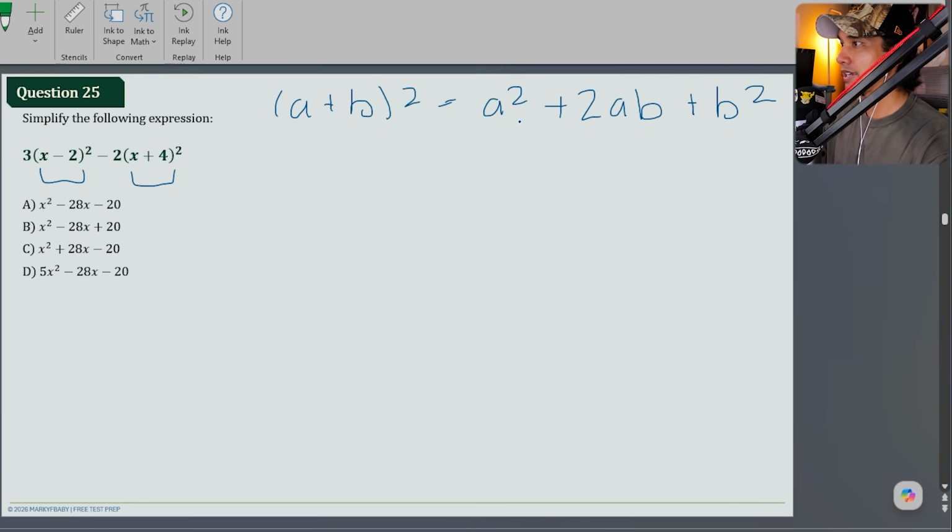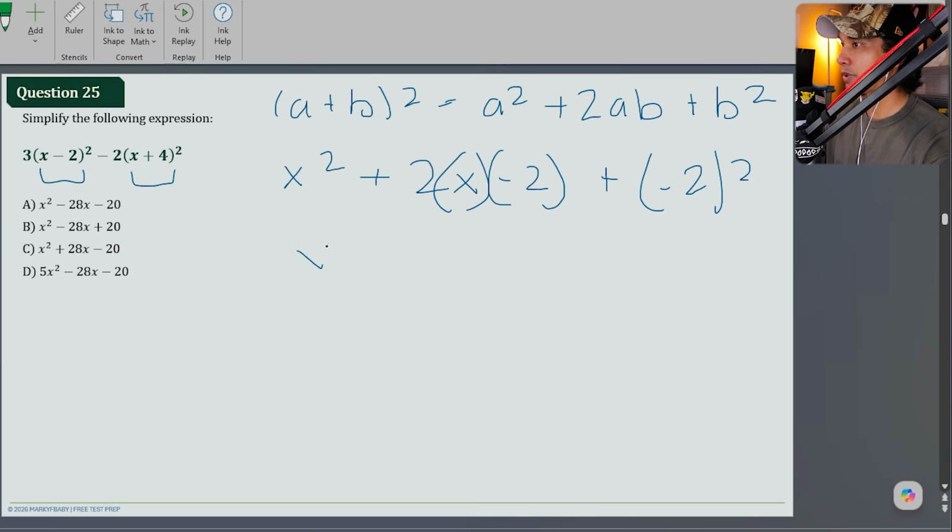Well, x is our a, so we go x squared plus 2 times x times b, and b is -2, plus b squared, which is (-2) squared. And then we get x squared minus 4x plus 4, okay? Because a negative squared equals a positive number. That's what happened, all right?